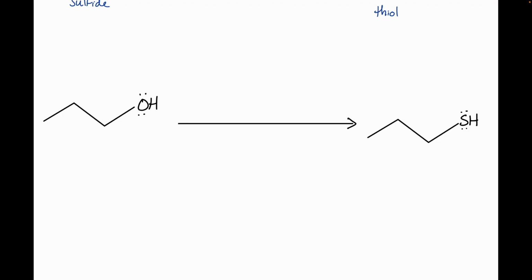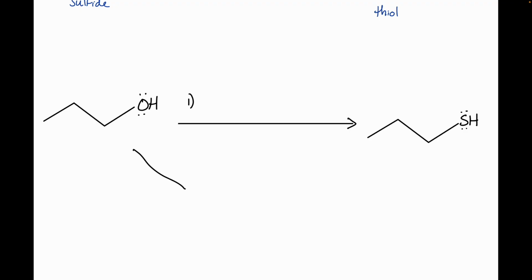All right, so I'm trying to substitute that hydroxyl group for that thiol group, my SH. But remember, we had a problem with alcohols in that it's hard to get rid of that hydroxyl group. It's a very bad leaving group. So we have to have a first step where we convert it into a good leaving group.